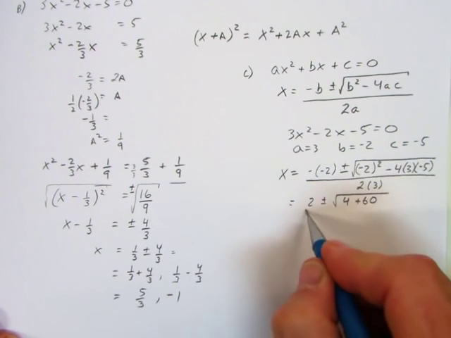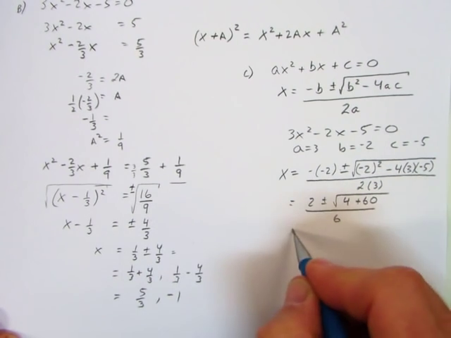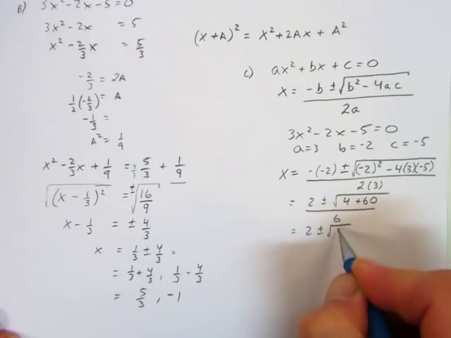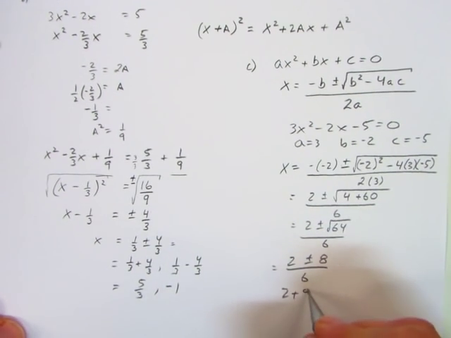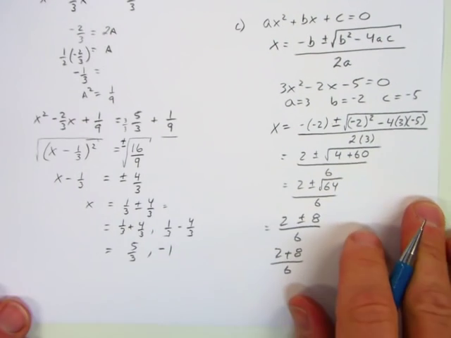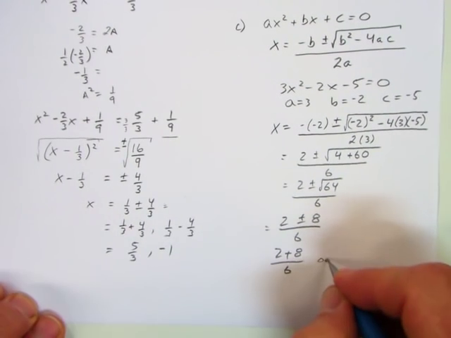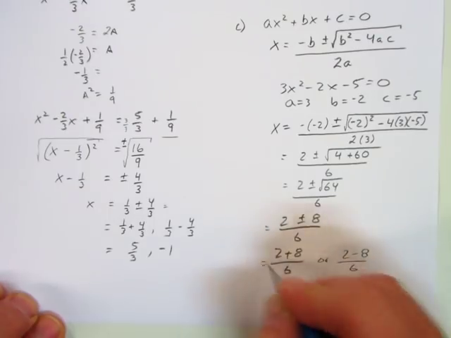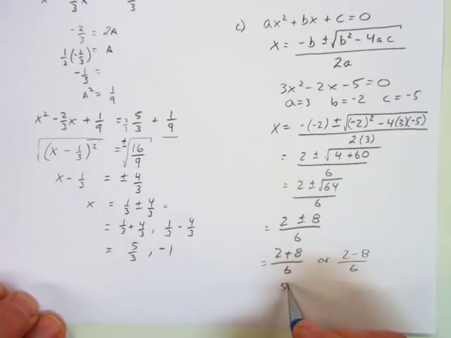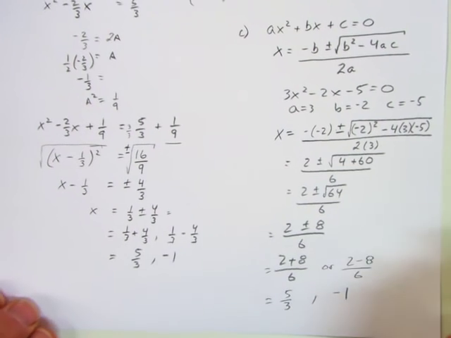It'd be a positive all over 6. 2 plus or minus square root of 64 over 6. 2 plus or minus 8 over 6. So we get 2 plus 8 over 6, or 2 minus 8 over 6. 10 over 6 reduces to 5/3. And negative 6 over 6 reduces to negative 1.